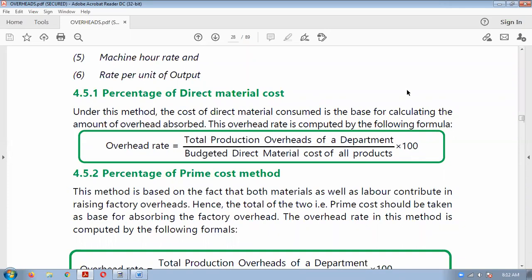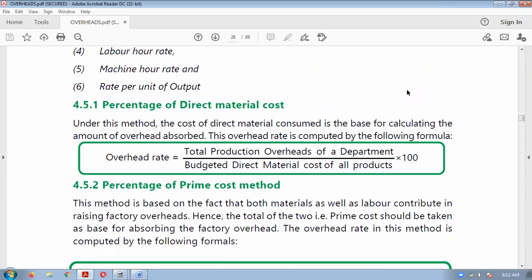Okay, so we are stopping here today. We will continue in detail with an illustration in the next class.